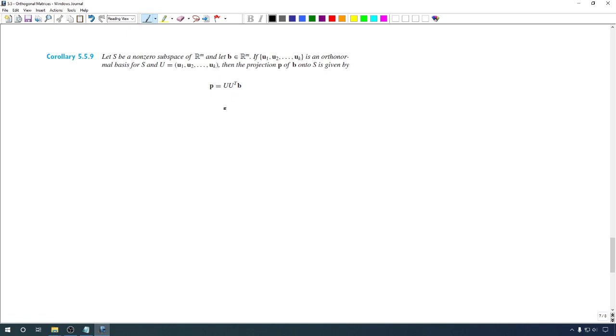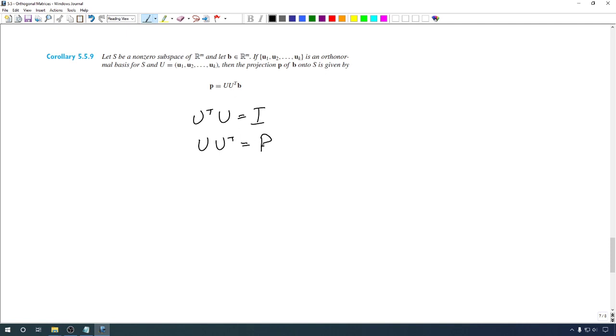So here's actually where the other direction comes in. Remember, because U has orthonormal columns, this product, U transpose U, is the identity matrix. U times U transpose is not the identity, but it does have a use. It is the projection matrix.